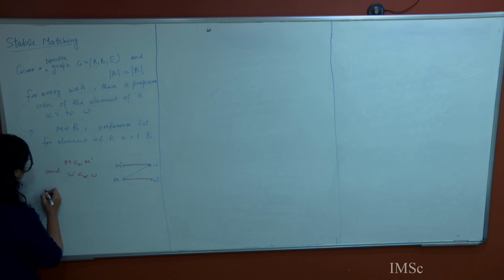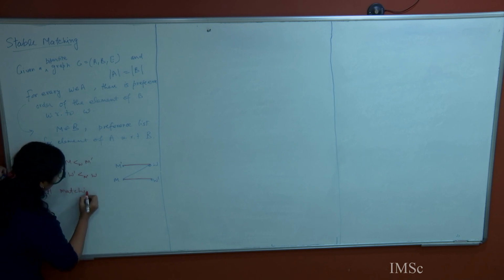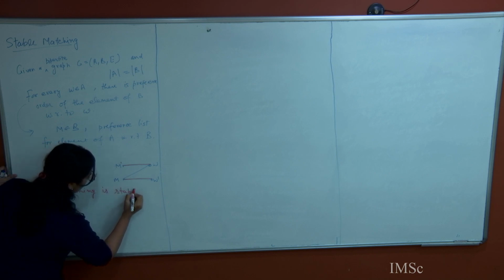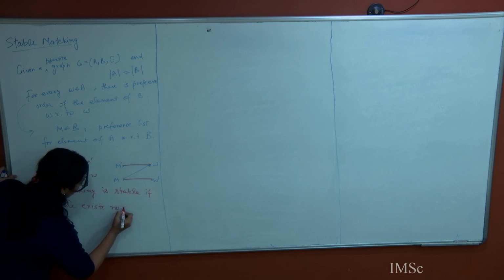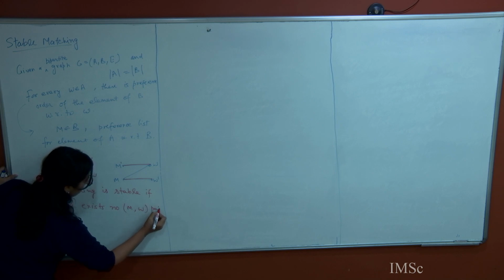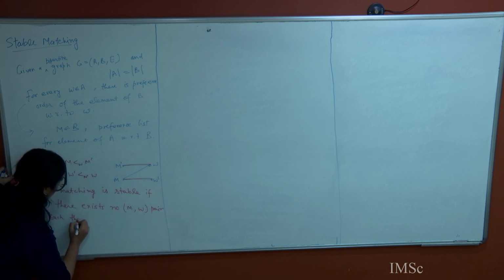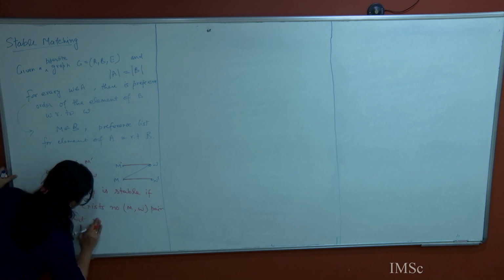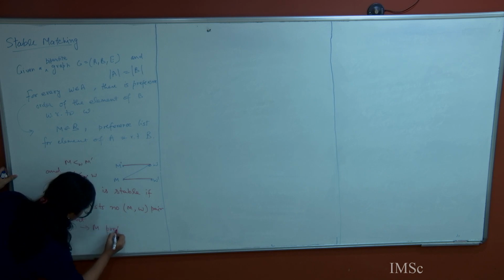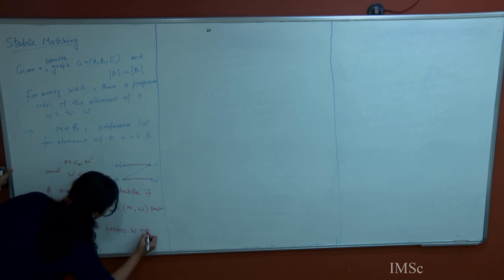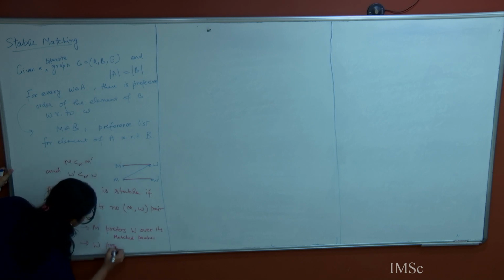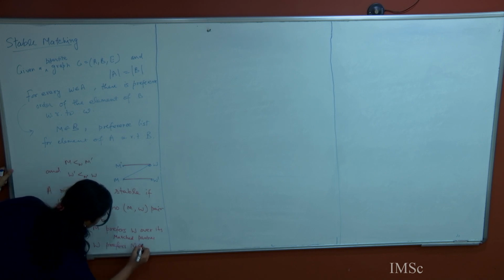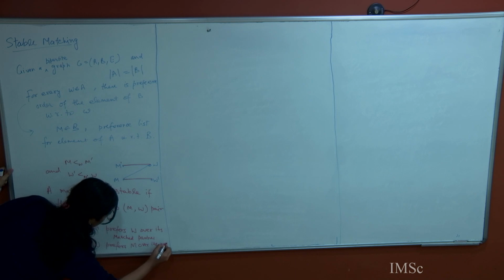Okay. So, we will say a matching is stable if there exists no M W pair such that M prefers W over its matched partner and W prefers M over its matched partner.